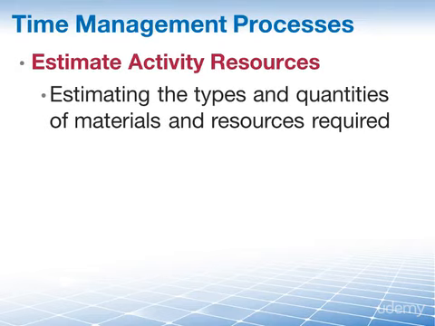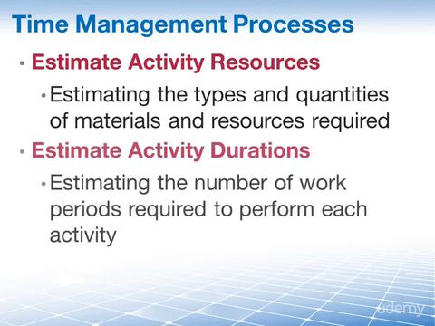Once we know who is going to perform a certain activity in this process here, then we can sort of guesstimate how long it's going to take them, because we now know their skill level. So we can move on to the process of estimate activity durations. This is the process of estimating the number of work periods needed to complete individual activities with estimated resources.